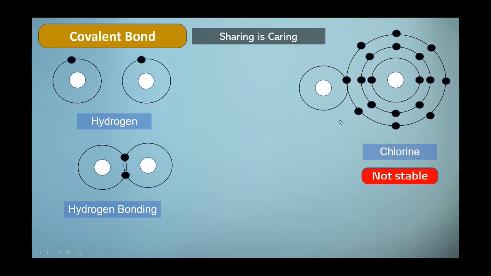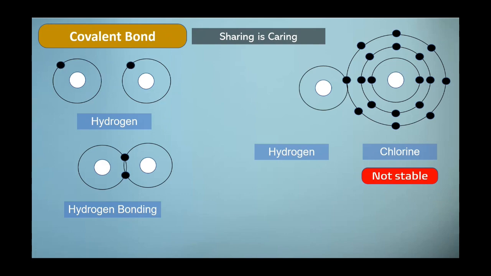This is called hydrochloric acid, HCl. And this one is now stable. When they combine, when they are sharing their electrons, they are now stable.